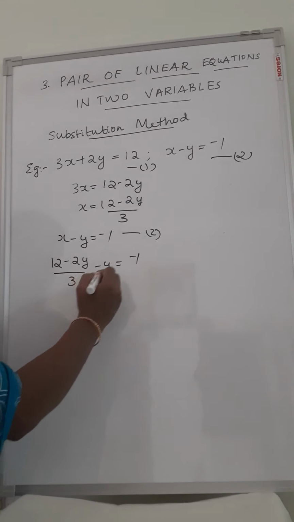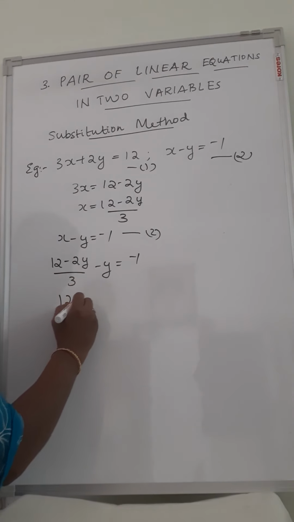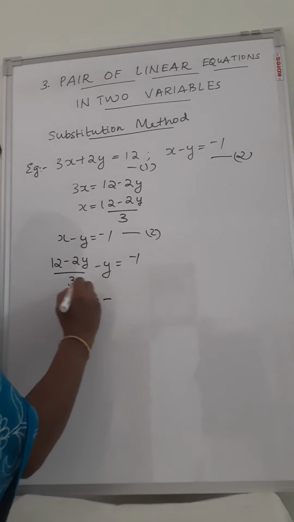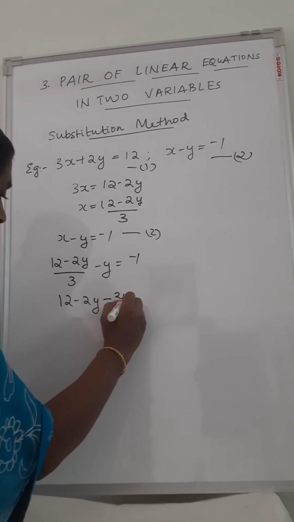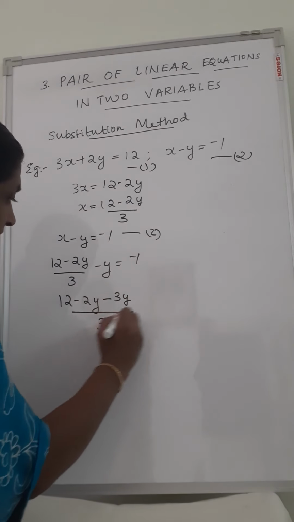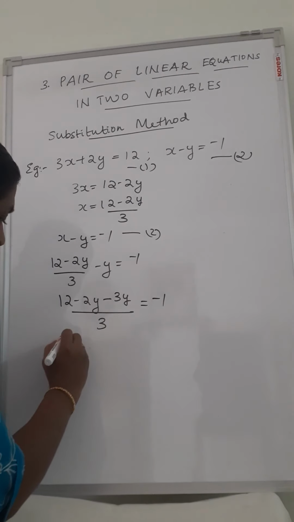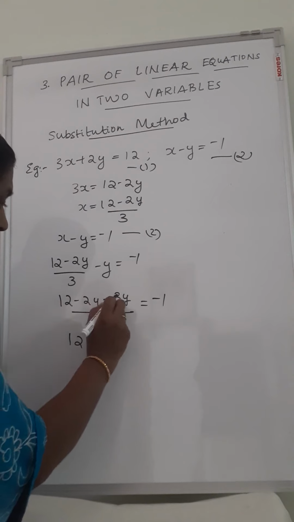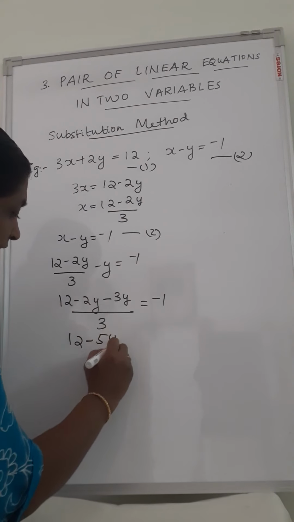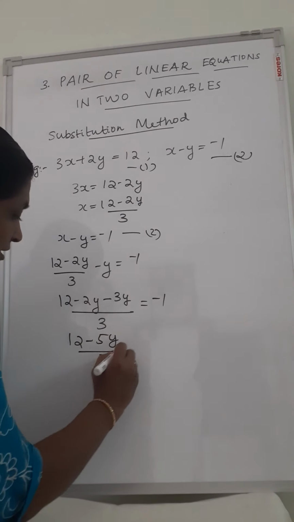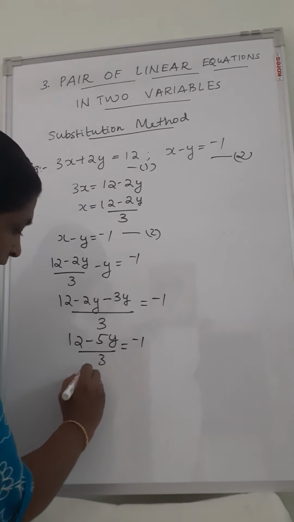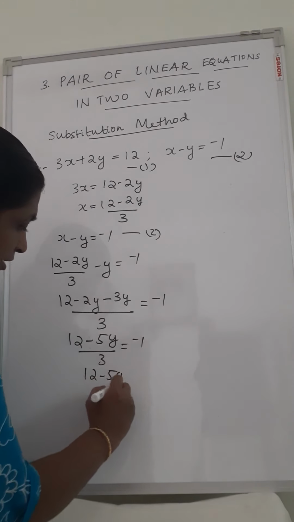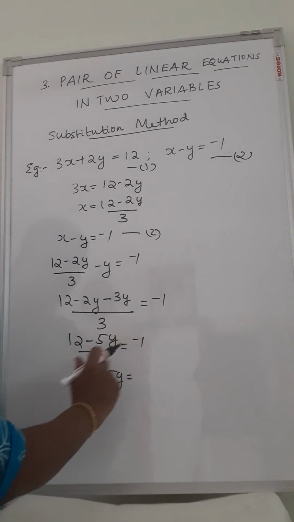Then taking LCM, (12 minus 2y minus 3y) divided by 3 is equal to minus 1. That is 12 minus 5y by 3 is equal to minus 1. So 12 minus 5y is equal to minus 3, cross multiplying.